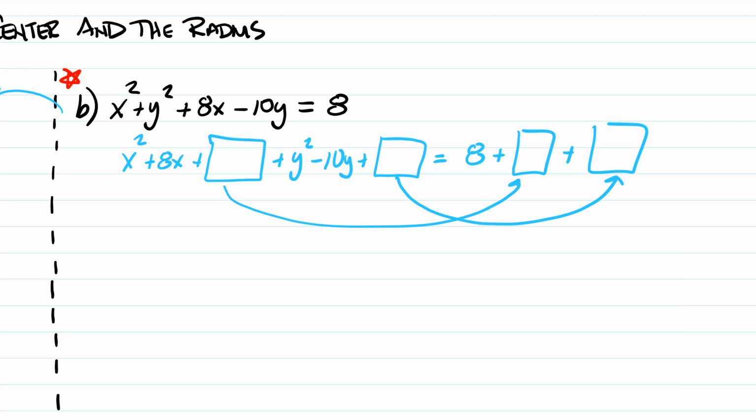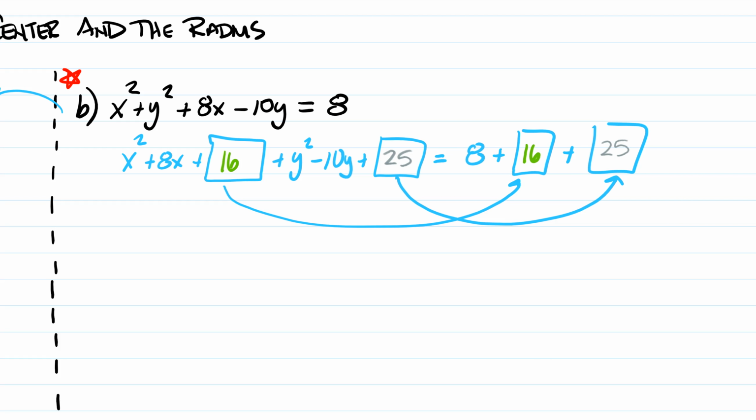So we do half of b squared. So half of 8 is 4. 4 squared is 16. So 16 goes there and 16 goes there. And then I got to figure out, okay, what is half of -10 is -5 squared. So 25 goes there and 25 goes there.